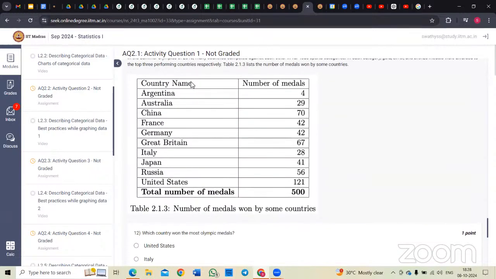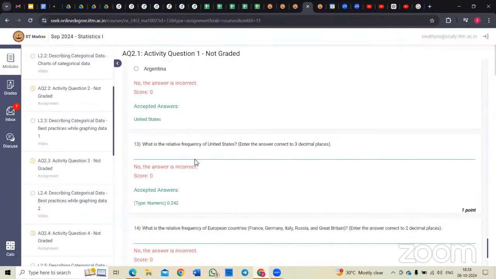The answer is 0.242. When we divide, you have to go until the 3 decimal points. I think you are calculating wrong.